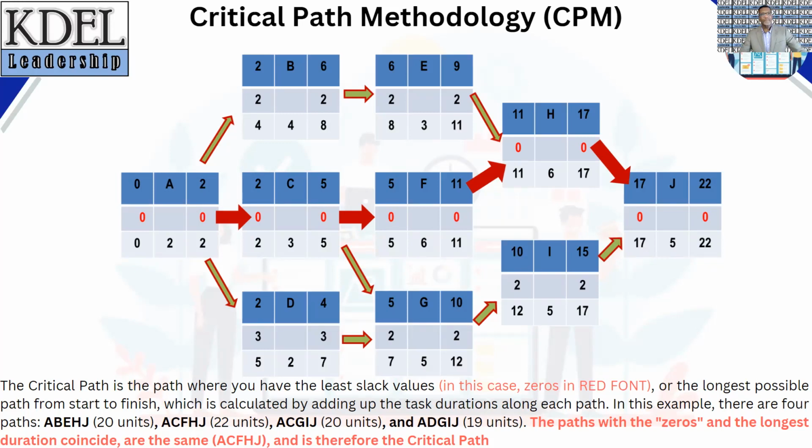The path with the zeros and the path with the longest duration often coincide, as you can see here. This path, which is activities A, C, F, H, J, is therefore called the critical path, as depicted with the red arrows on the screen.